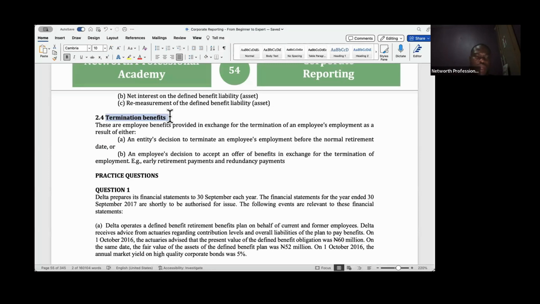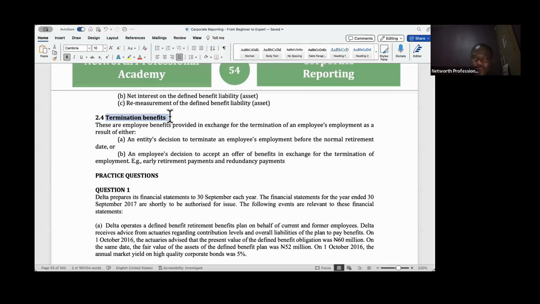But if it's the employer that says go, some companies would give them some money, take this payoff, for the fact that we are terminating your appointment. So termination benefit is straightforward in the sense that it's recognized when it happens. So if you are paying them off, credit bank, debit staff costs.